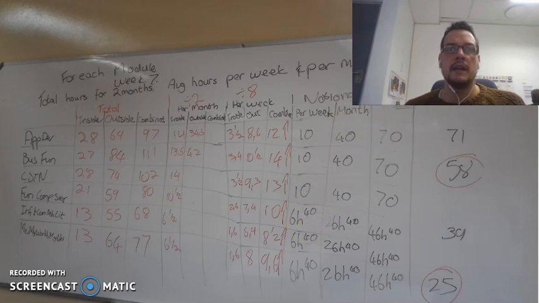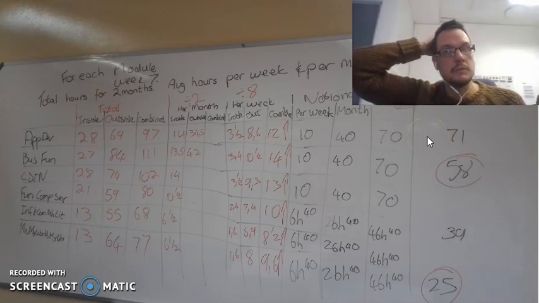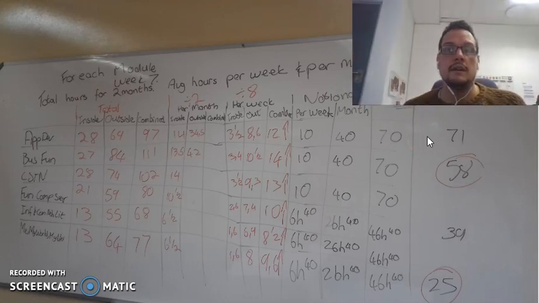And then per month, it's just per week times by 4. And then here, most important is the total after 7 weeks of lectures. Remember, your notional hours does not include the mid-semester break. So only use 7 weeks over here.